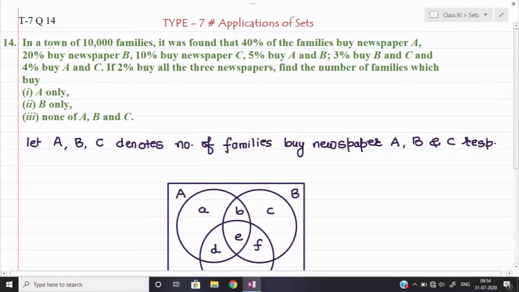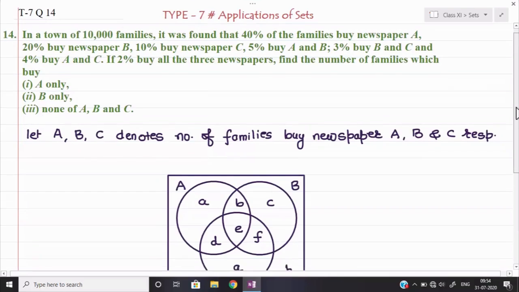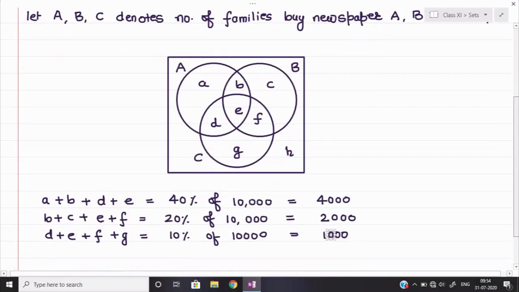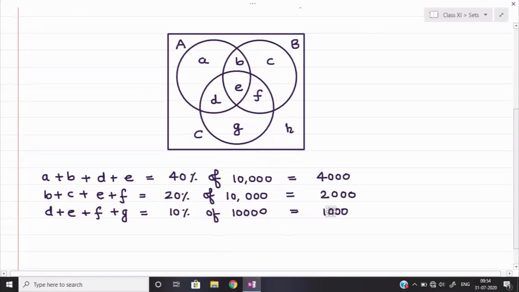Okay, A and B, B and C, C and A. So here A and B means B plus E. So B plus E is given here as 5% of 10,000. So 5% of 10,000, I think it will be 500.